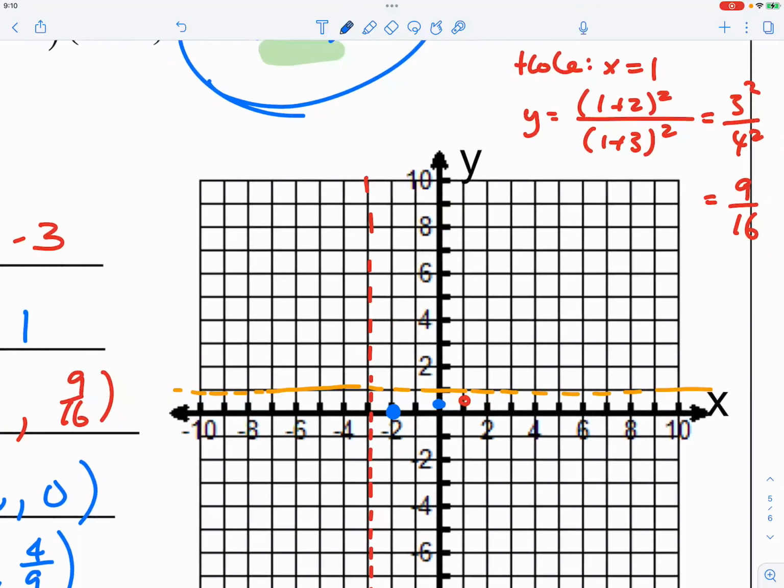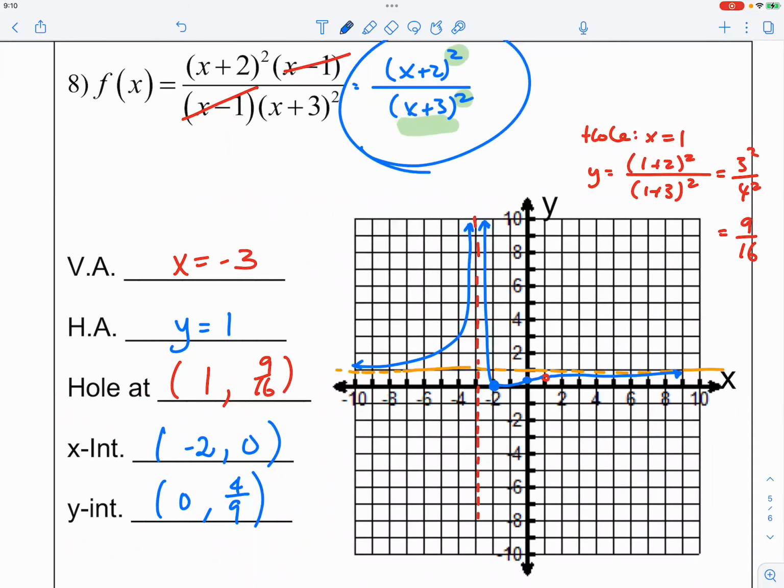And therefore, with this understanding, that's how we can draw our graph, because we know that it has to stay in positive territory. And therefore, we have this. This would be our graph.